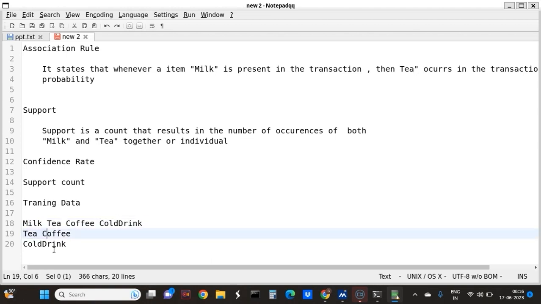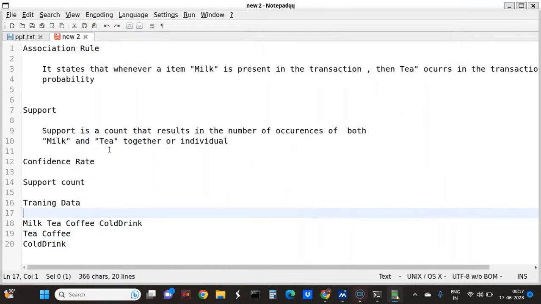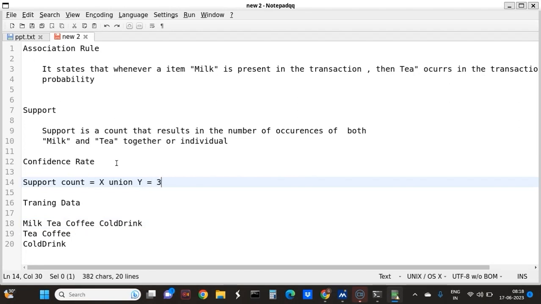See here in this training data, milk has come once in one transaction and tea has come once in one transaction. So here we will type 3. The support count will be X union Y, that is 3. So what is the confidence rate?